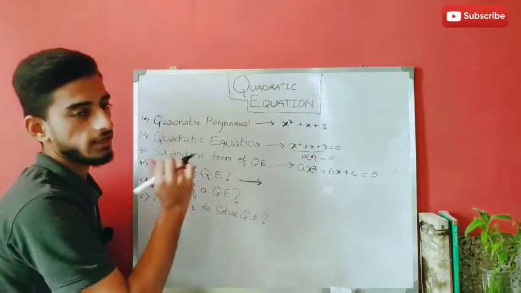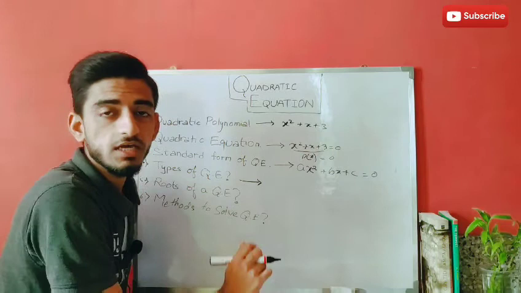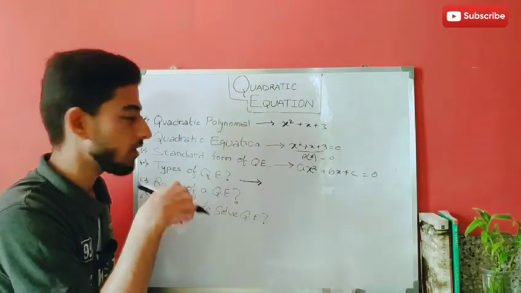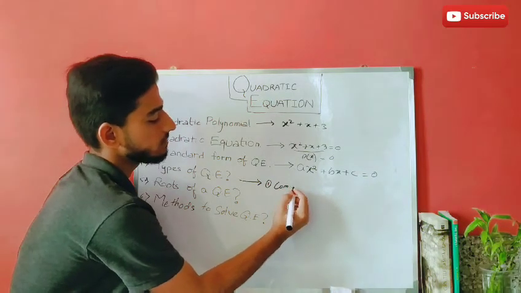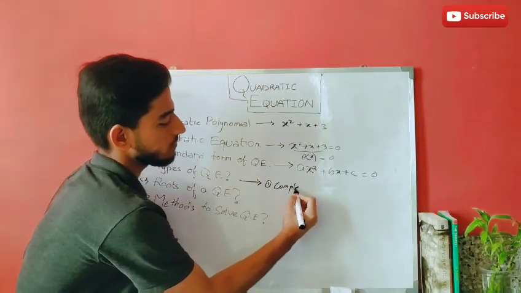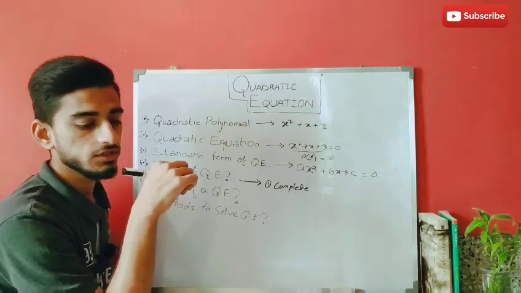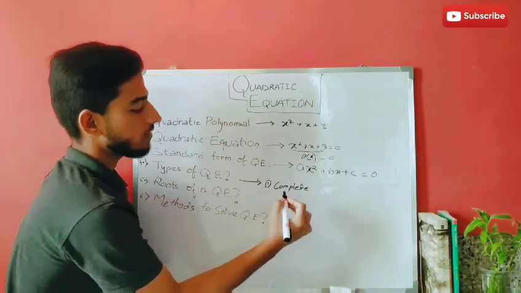Types of quadratic equation. What are the types? There are two types of quadratic equation: one is complete and the other is pure. First we will do complete. So what is a complete quadratic equation?